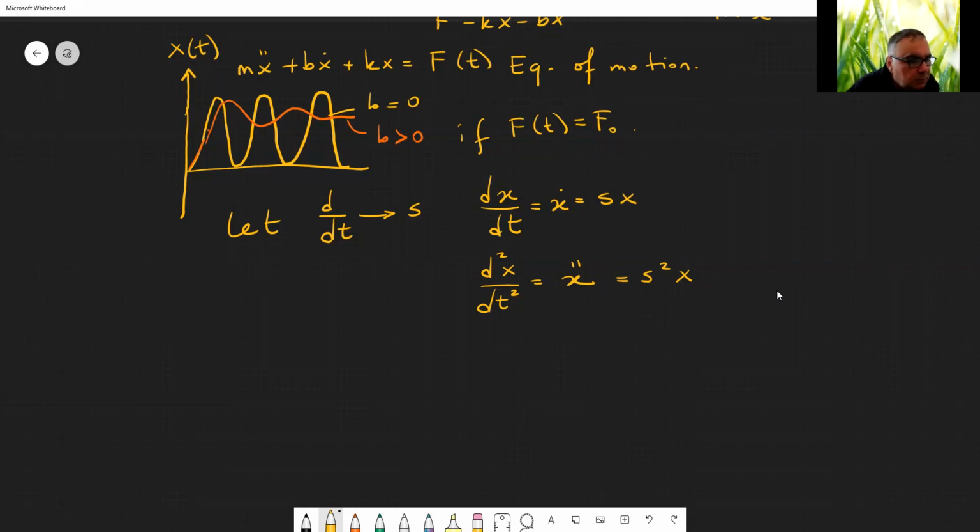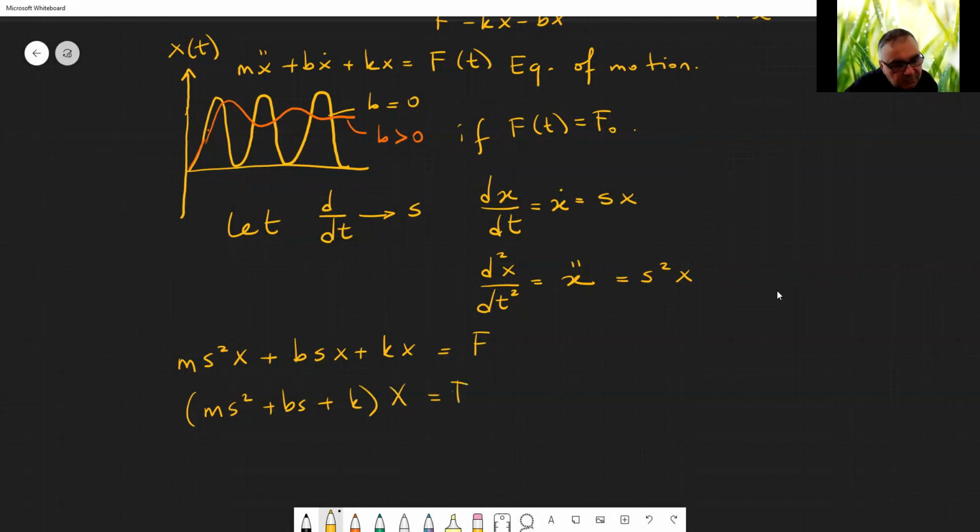In this case, if you use this S operator, we will have m s squared x plus b s x plus k x only, because it doesn't have a derivative, is equal to f. And here we can convert our equation to (m s squared plus b s plus k) x is equal to f.